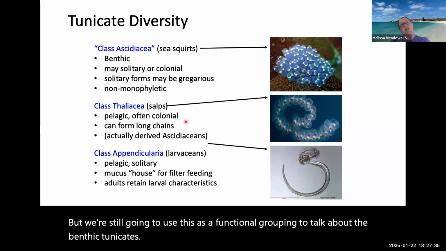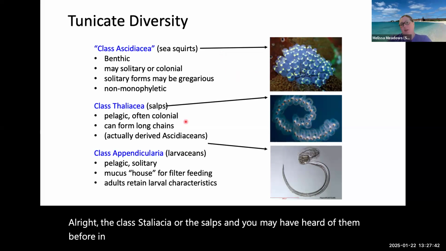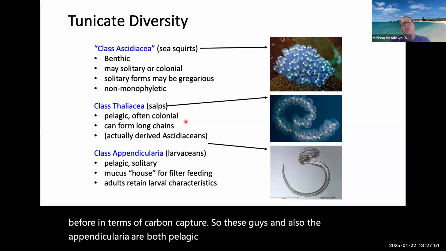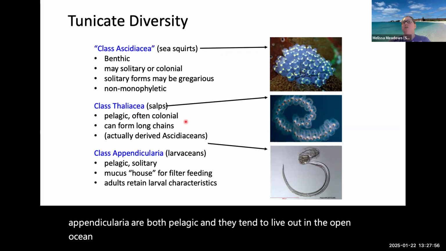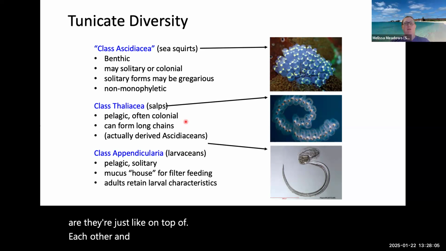The class Thaliacea are the salps, and you may have heard of them before in terms of carbon capture. So these guys and also the Appendicularia are both pelagic and they tend to live out in the open ocean and they can be super common. You can have areas where they're just on top of each other, tons of them, way out in the open ocean.